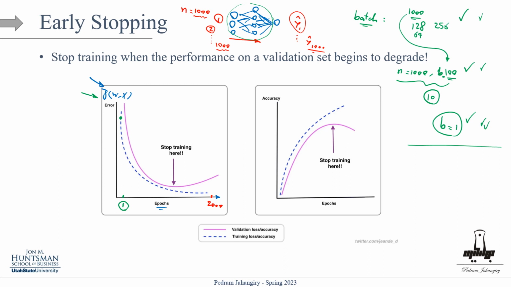So hopefully as we increase the number of epochs, the model is going to train, because again, we start from random weights here, and then as we train the model, the performance is going to get better and better, and the loss is going to decrease in the train set. And we know that if I have a deep enough network with a reasonable number of neurons at each layer, these deep neural networks can approximate any function.